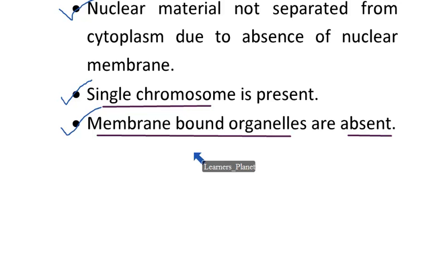But if a similar structure is present, it is in a modified form, as in the case of nuclear material. It is present as a nucleoid and it is a membrane-less organelle. But the nucleus is membrane bound.